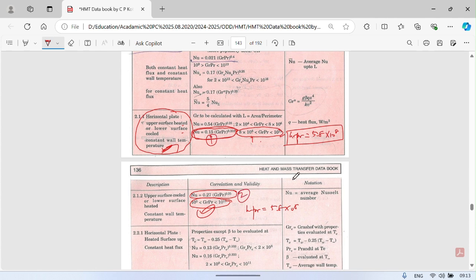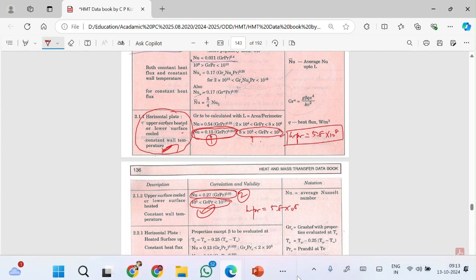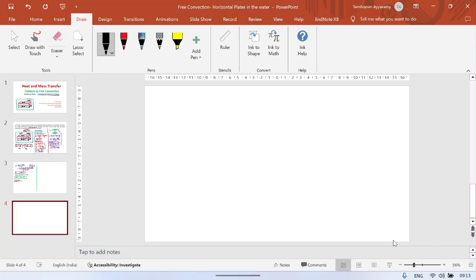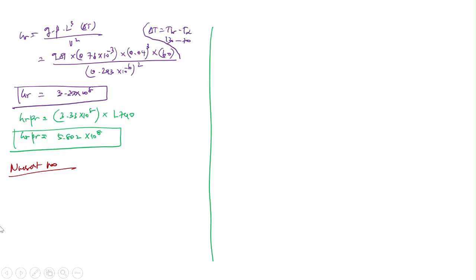Okay, now we write the Nusselt number in the PowerPoint presentation. First, the Nusselt number for the top surface. Nu is equal to 0.15 into (GrPr) whole power 0.333.